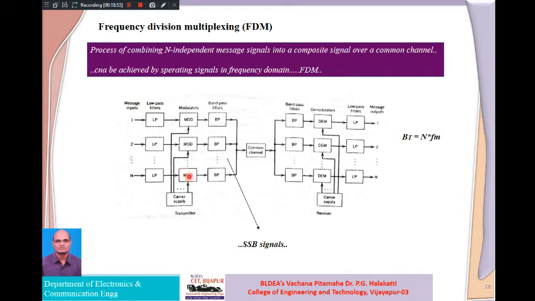Each product modulator is supplied with a different carrier signal coming from the carrier supply. So all this is happening in the transmitter part.